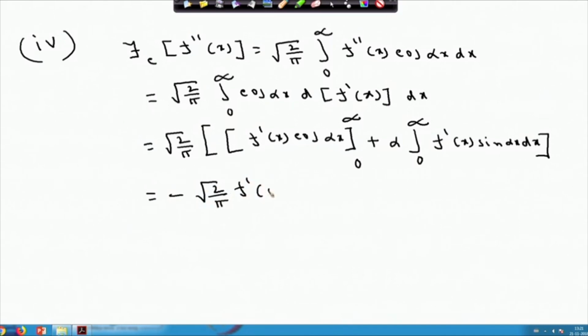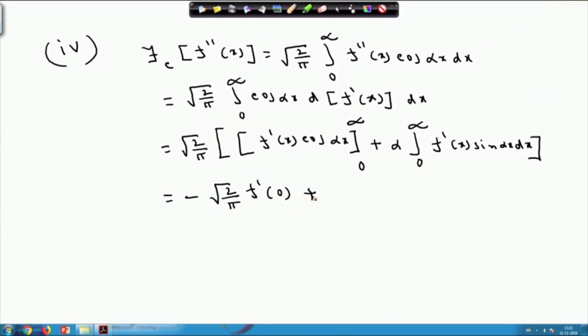So, minus root over 2 by pi f dash 0 plus alpha into, this is nothing but again root over 2 by pi into integral 0 to infinity f dash x sin alpha x dx, which is nothing but the Fourier sine transform of f dash x.